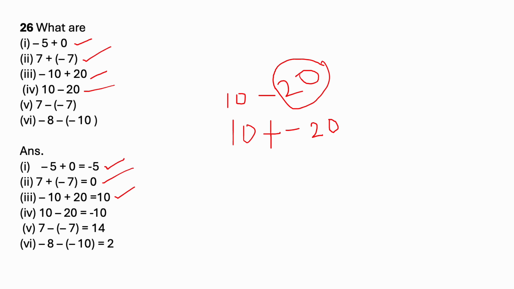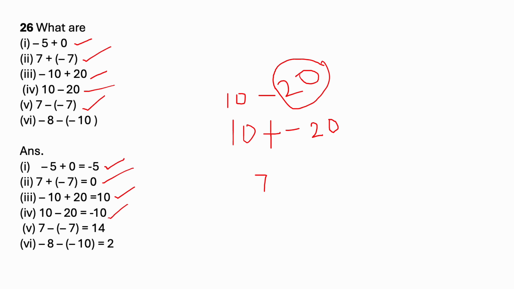Then you can do addition. Here the signs are different. So subtract the smaller number from the larger number. Then put the sign of the larger number. So 20 minus 10 is 10. Put the sign of the greater number, that is 20, minus. So minus 10.